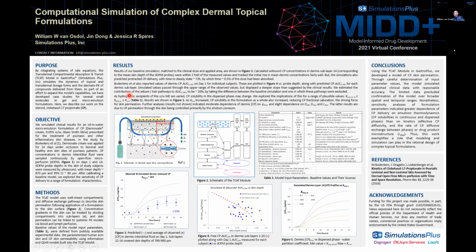This is captured by the partition coefficient of clobetasol propionate between the dispersed phase and a reference water phase. The lower limit of this range is defined by the vegetable oil water partition coefficient, and the upper limit of this range is defined by the octanol water partition coefficient for clobetasol propionate.